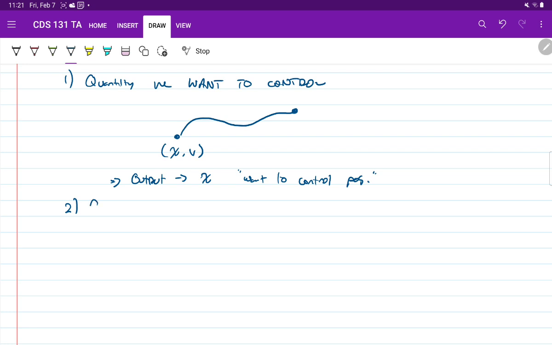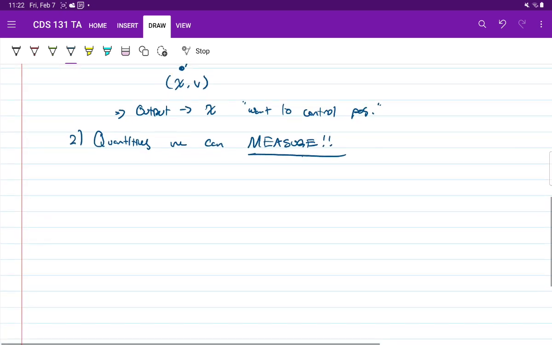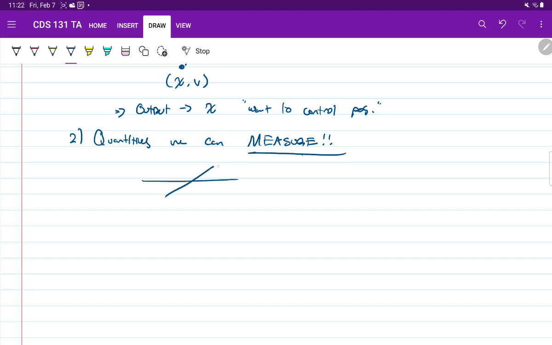Well, it can represent quantities we can measure. Let's say we have some sensors that are taking measurements of our system. Oftentimes, it's not going to be the case that we can measure our entire full state vector. We're usually only going to have partial measurements. So let's say I take a little quadcopter drone that's flying around.